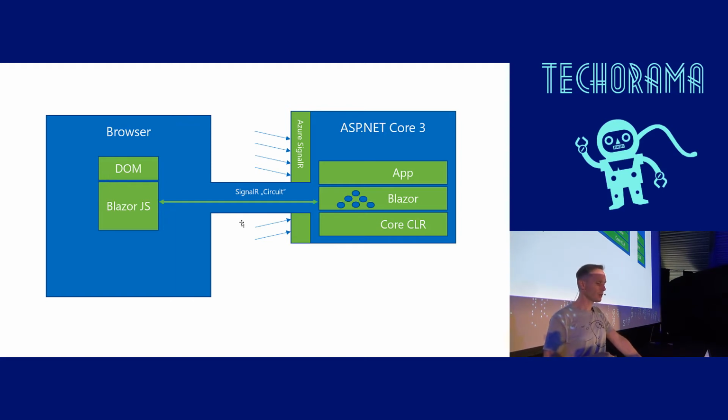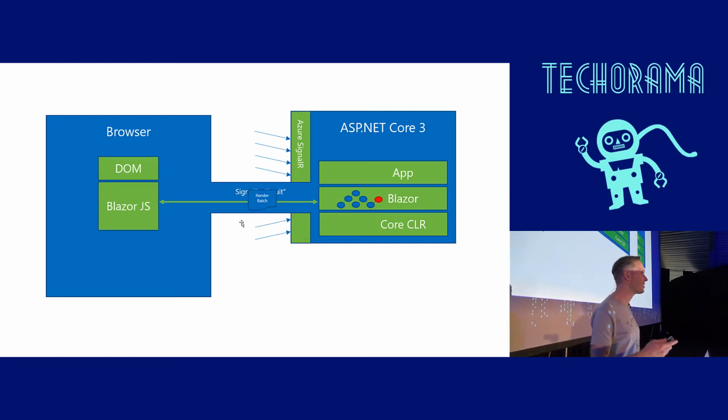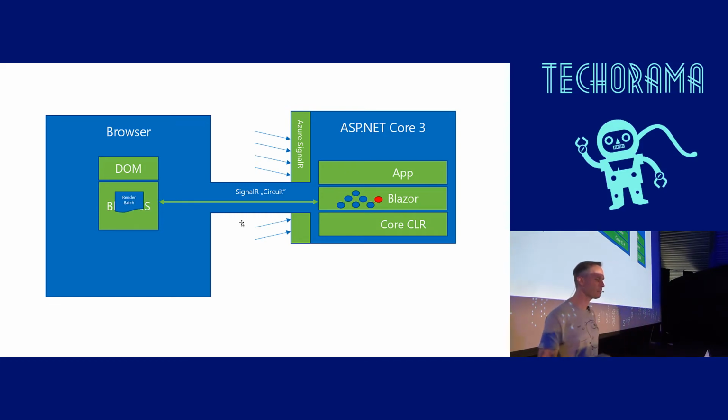Blazor receives the message, talks to the app, reacts accordingly and changes the internal representation of the website, the render tree. And again, we have the same topic. A minimized render batch is sent to the client, which manipulates the DOM, and everything starts from the beginning. So what we have is a continuous communication. Every single interaction on the server and on the client sends messages through WebSockets and SignalR.